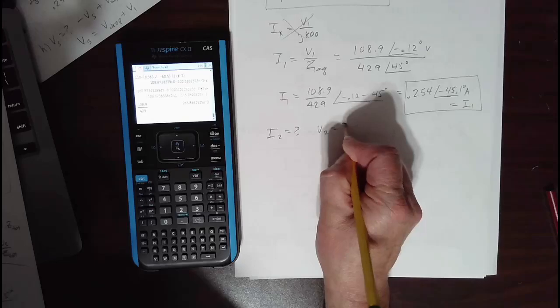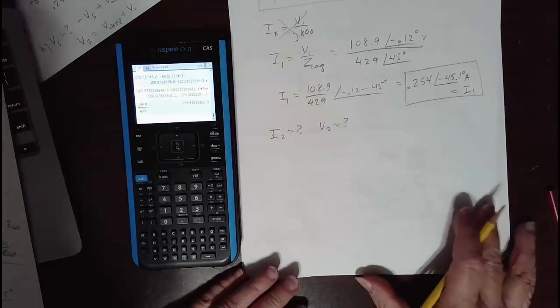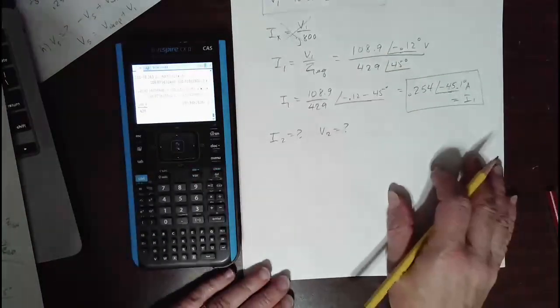and V2. So these, we just use the ideal transformer relationships.